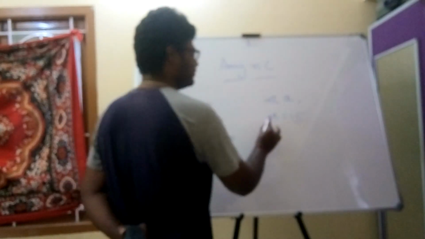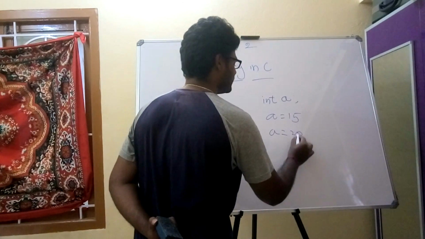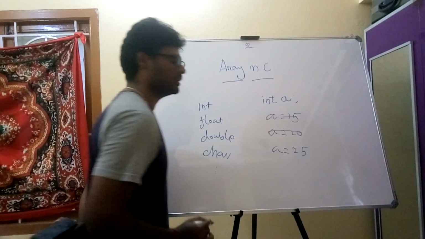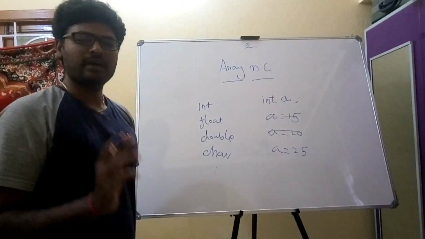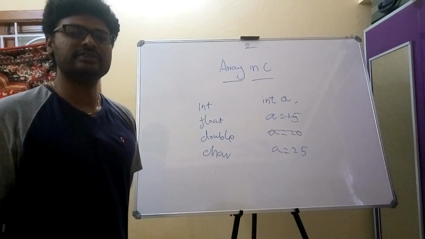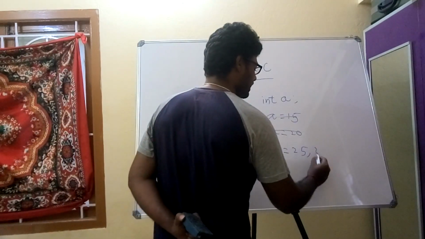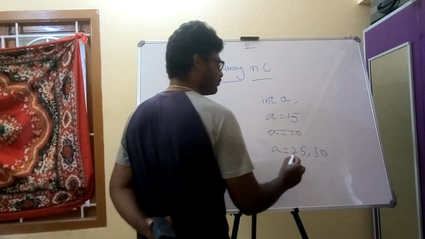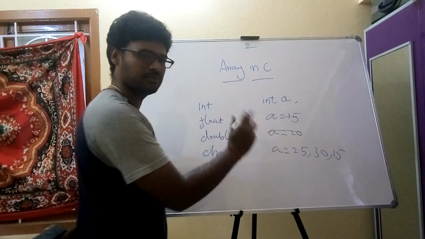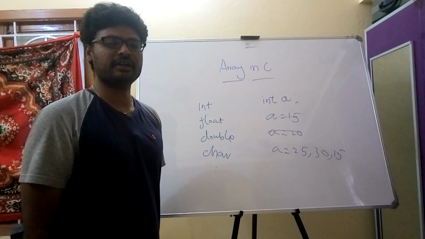I can store 15, or a equal to 20 after some time, or a equal to 25 after some time. It is impossible to store 25 and 30 in this a, or 25, 30 and 15 by using this a. It is impossible because it is a simple primitive data type.